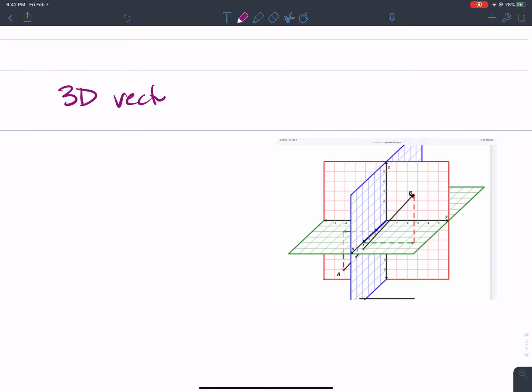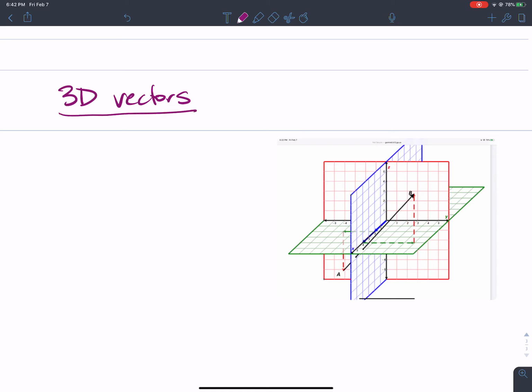We will not be drawing in 3D, but the 3-dimensional plane essentially just shows right here that you've got X kind of coming out at you, Y going off here to the right, and then Z is going up into the air.